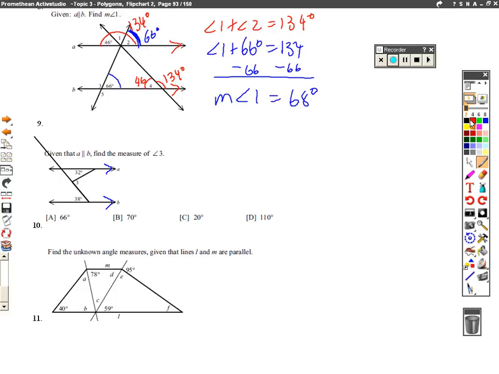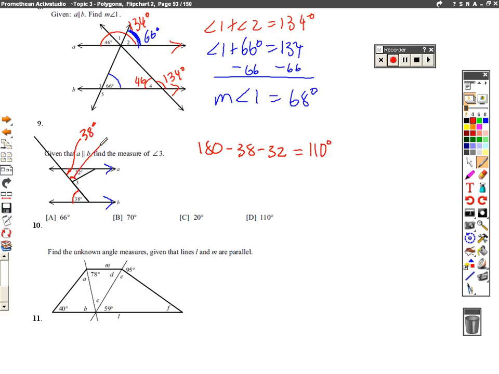And so right here, if this angle is 38 degrees, this angle right here is 38 degrees as well. Because those are alternate interior angles around this transversal. Now 38 and 32 and this other angle right here make a triangle. So 180 minus 38 minus 32 is equal to 110 degrees.